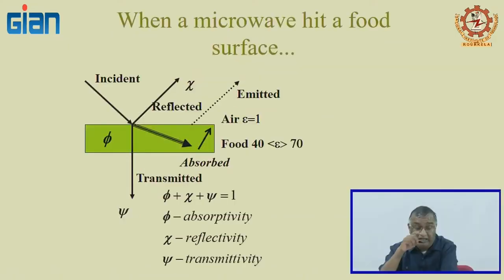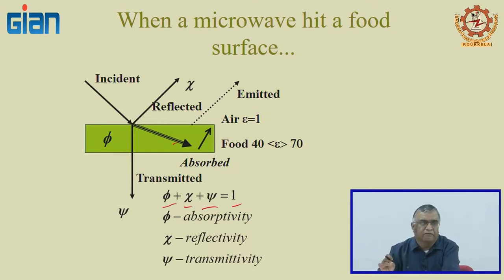So, you have an incident light either reflected, or it is going to be absorbed inside, or it is going to be transmitted. Each material has certain properties, and you are going to characterize them and calculate certain values.